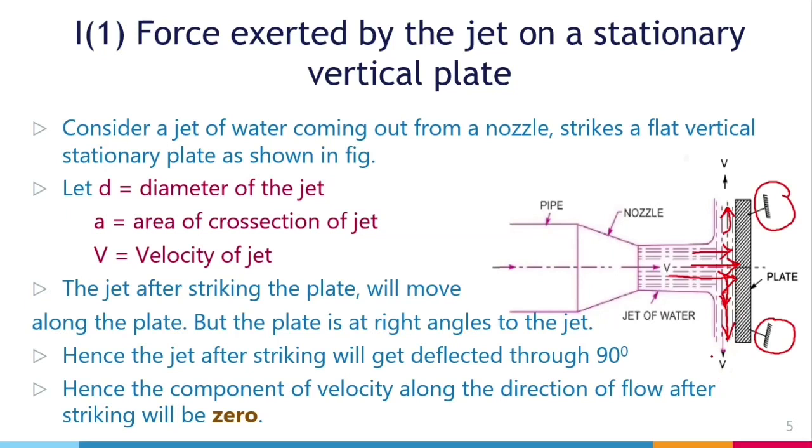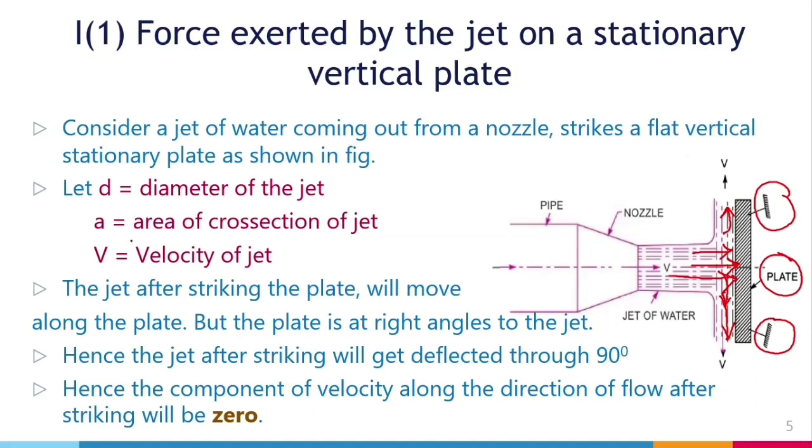Just close your eyes and imagine, now we are exerting water from a pipe on the wall. Imagine our wall is our vertical surface now, the vertical plate. Water after striking the wall, where will it go? It will come down, it will slide down along the plate, correct?